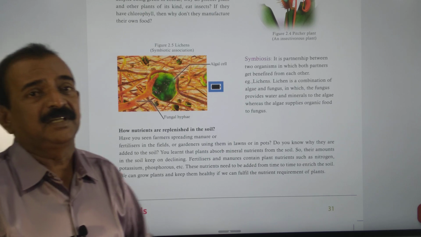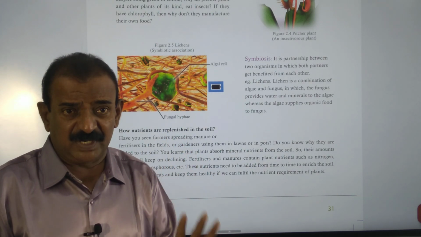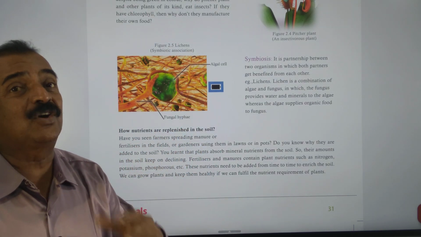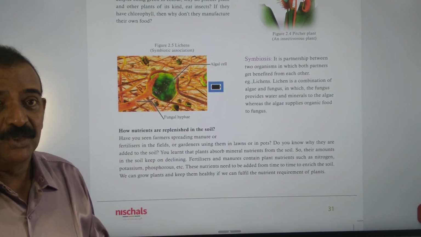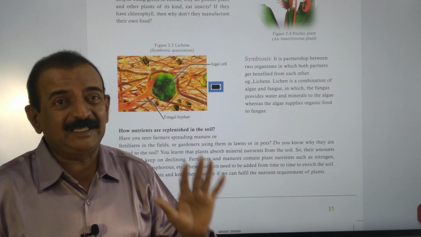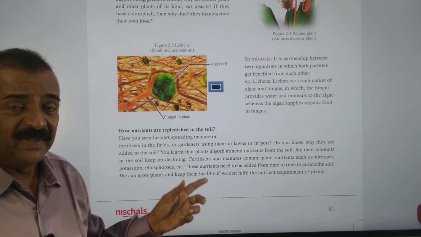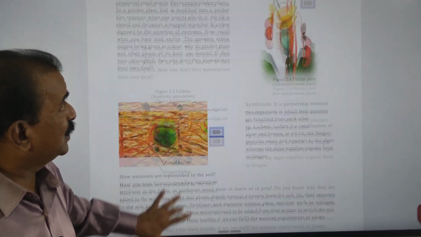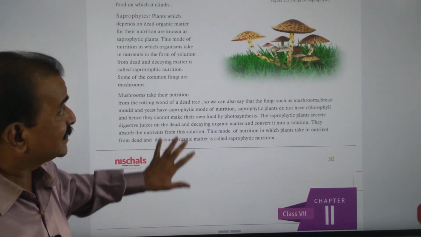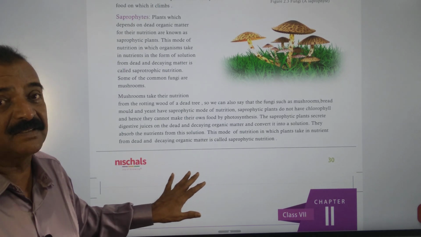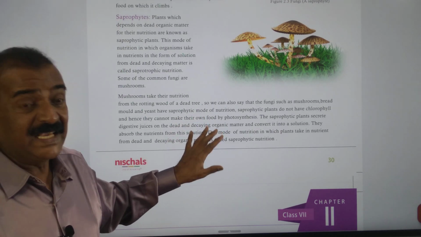Children, here we discussed four types of nutrition in plants, and this type of nutrition is called heterotrophic nutrition in plants. First we discussed what a parasitic nutrition is. Example, that is dodder, Cuscuta. We also discussed another type of nutrition called saprophytic nutrition, which we generally observe in mushrooms and also yeast cells.